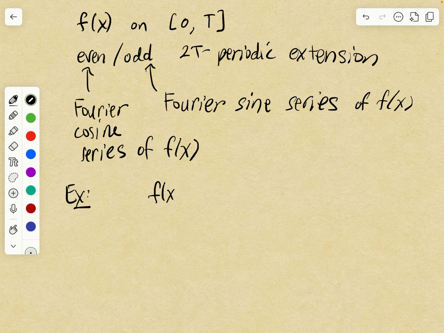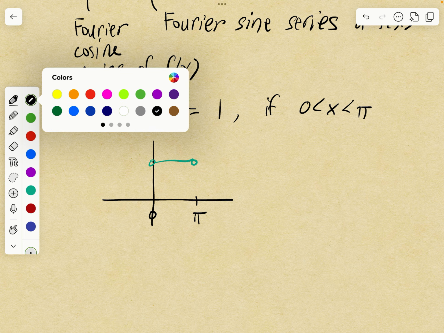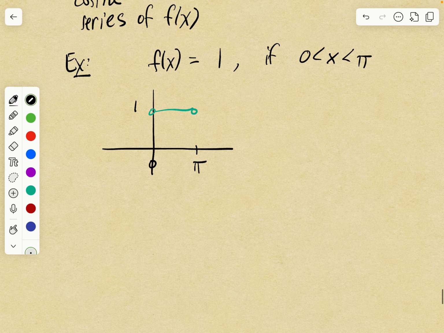So let's say that f of x is equal to 1 if x is between 0 and pi. So between 0 and pi, the function is just 1. That's your function f. Well, what are the Fourier sine and cosine series of it?